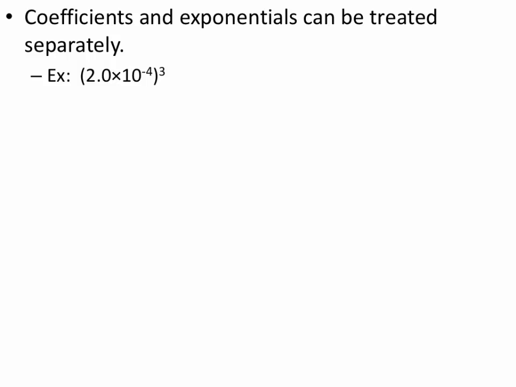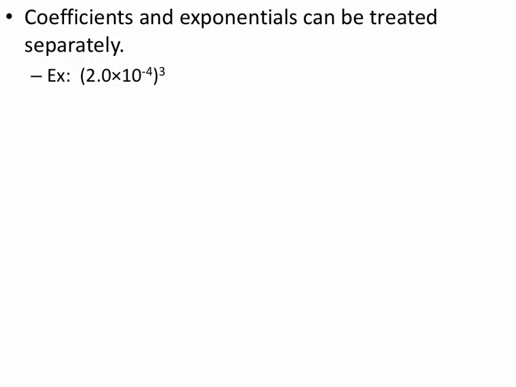So what if we have a coefficient along with our exponential? That is, what if we have scientific notation and not just a 10 raised to some power? Well, in this case, we're going to have 2.0 times 10 to the minus 4 raised to the third power. So taking the cube of our 2.0 times 10 to the minus 4, here we could treat these two individually.